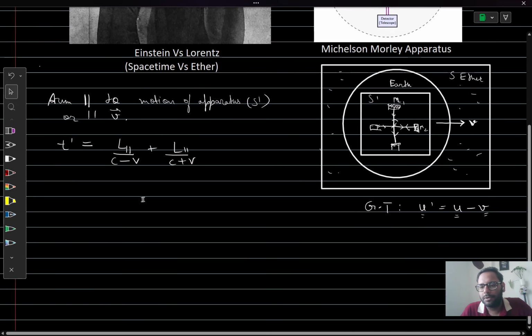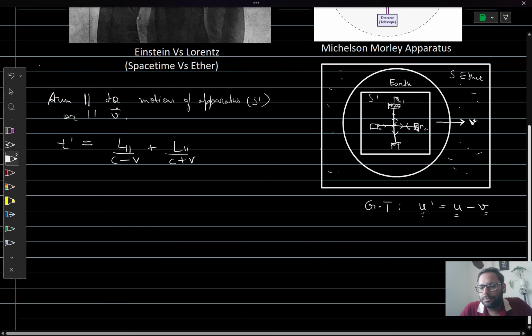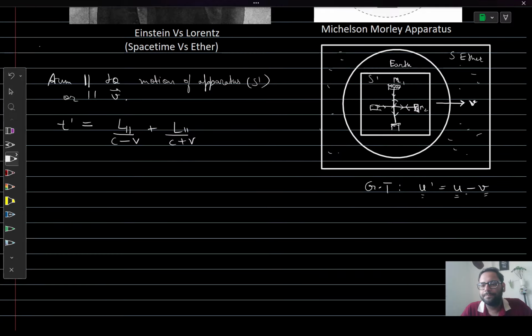These two are velocities of an object, and this is the velocity of the S prime frame with respect to S. So in this parallel arm, you can calculate the velocity of light when it is moving from the beam splitter to mirror 2. In vector notation, it will be C x cap minus V x cap.